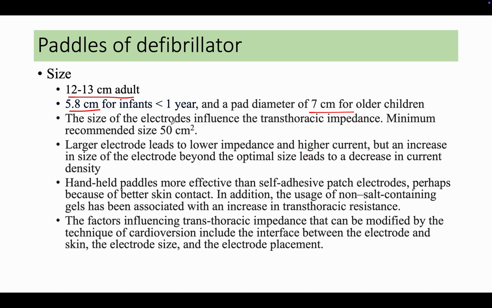The minimum recommended size is 50 square centimeters. If we increase the size of the paddle, the transthoracic impedance decreases, but there is a decrease in current density also. So they have recommended a minimum pad size of 50 square centimeters.